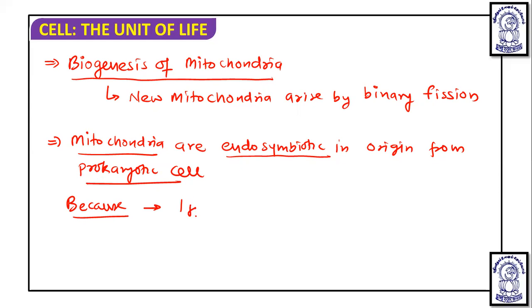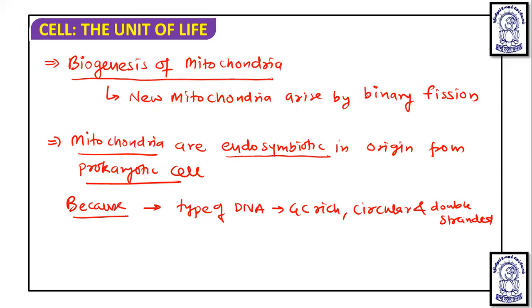because the type of DNA is GC rich, circular and double stranded. That is the nature of prokaryotic DNA, and the DNA in mitochondria is also of this type.